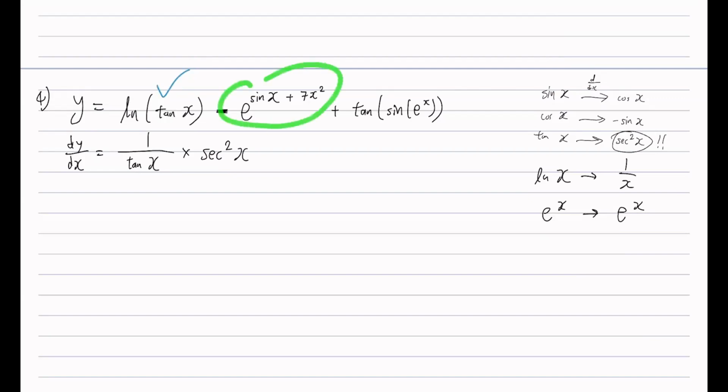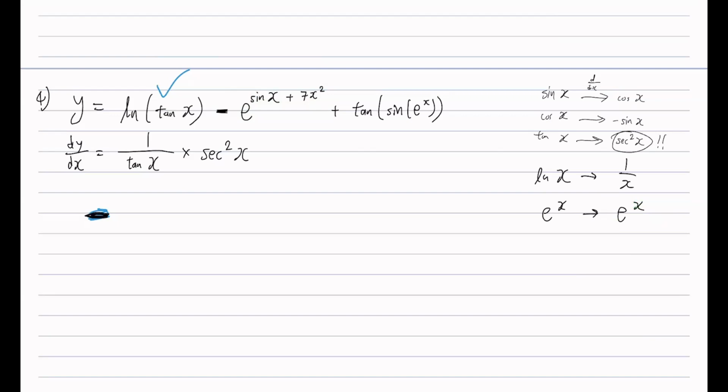Next term, second term. Minus sign. Minus e to the power of sine x plus 7x squared. Wrong. e power something stays as e power something.